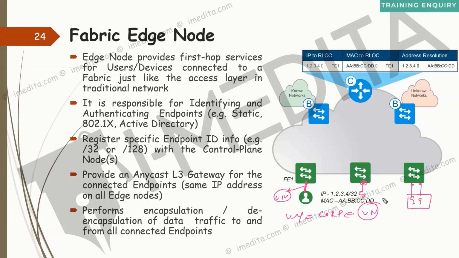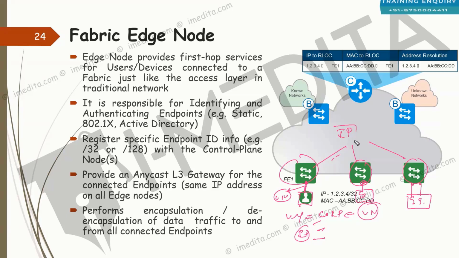All these devices will have, of course, a different IP address so that they can communicate to each other and the rest of the network completely fine. But for this device, this is acting as the gateway. For this device, this is acting as the gateway. For this device, this is acting as the gateway. On all these 3 switches, the same IP address will actually be configured as the default gateway for this user, and for this user.